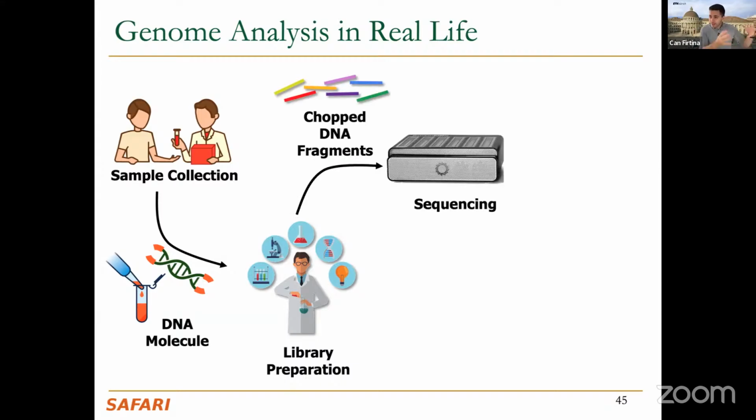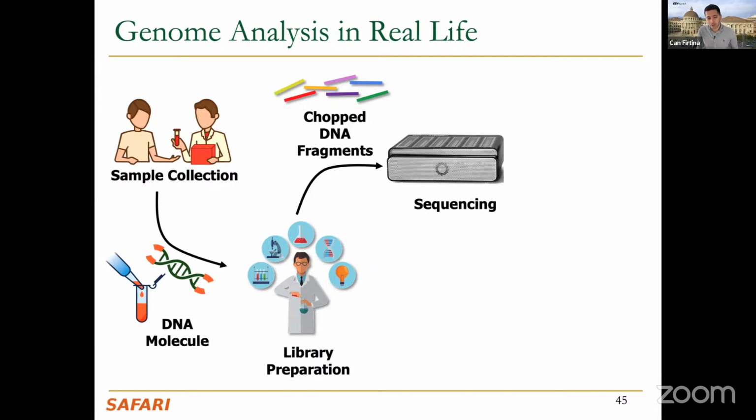Then usually DNA is chopped or fragmented into smaller pieces. This is mainly because these DNAs are so sensitive, so you need to be extremely careful not to fragment them, but also they may need to be fragmented because of the limitations of the technologies that you're using.